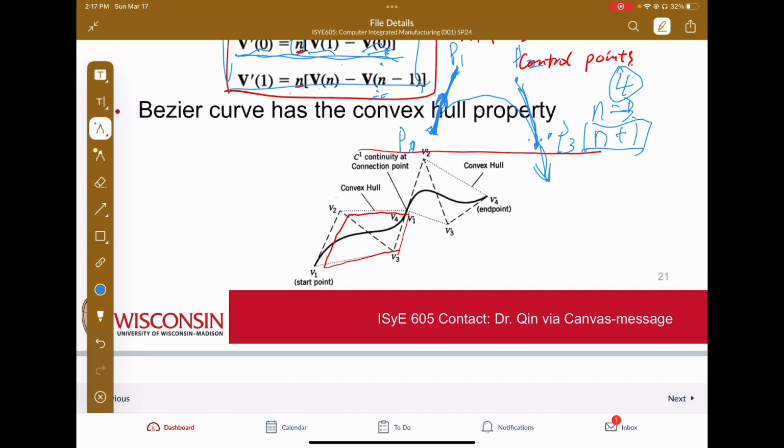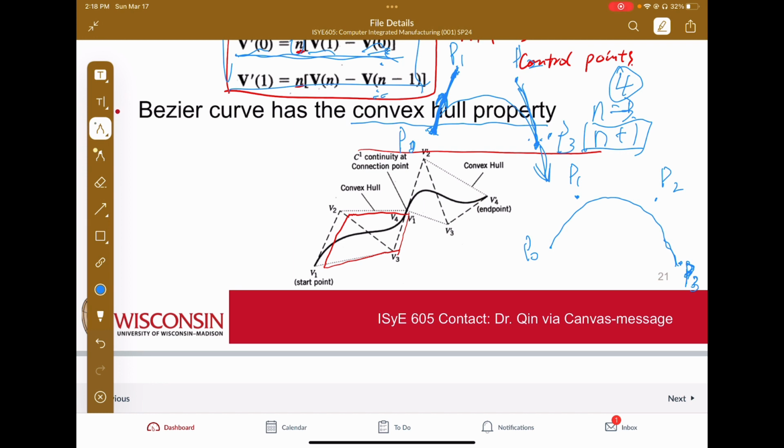And another property, which is important for interpolation, is the convex hull property. That means we have 4 control points, for example, this is a curve, and we have 4 control points.